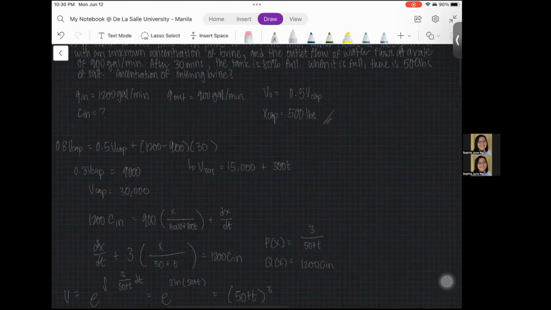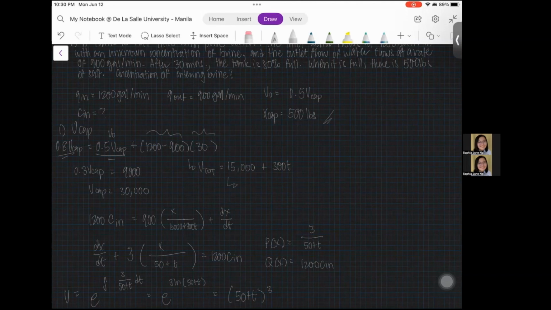And so first step is to get the capacity of your tank. So since it says here at 30 minutes, your tank is 80% full, that means at 0.8 of your capacity, your total volume will be equal to your initial volume plus the flow, like the amount of water that came in after 30 minutes.